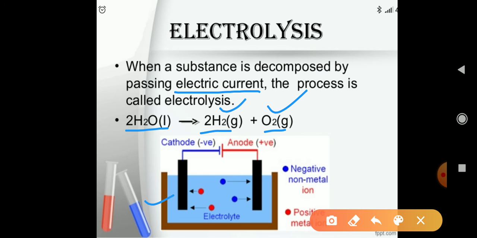In this container the water is taken and two electrodes, positive and negative, are immersed, and electric current is supplied through these electrodes. By passing this electric supply, the water is converted into H2 gas and O2 gas, that is hydrogen gas and oxygen gas. This type of decomposition is called electrolysis or electrolytic decomposition.